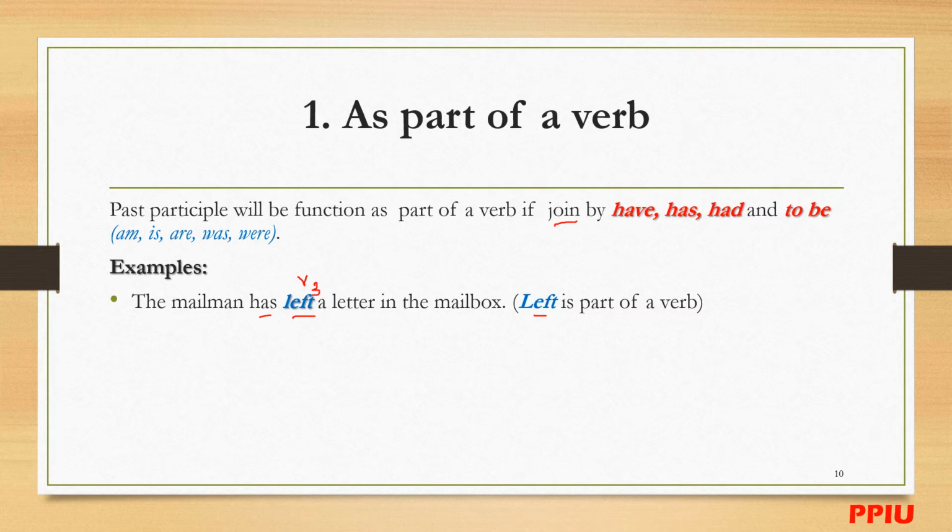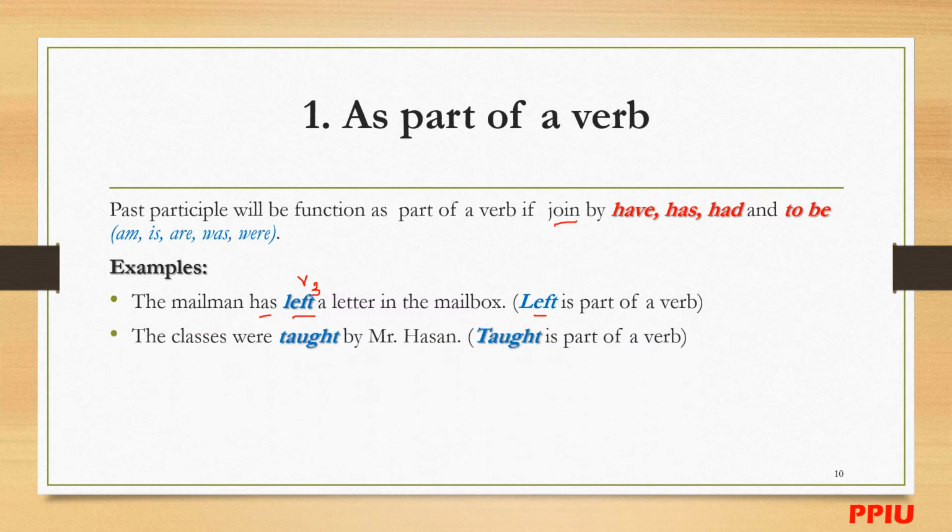Next, the classes were touched by Mr. Hansen. So touched is part of the verb, followed by the verb to be, were. So touched is a participle, or we call it verb 3, the same thing in grammar.